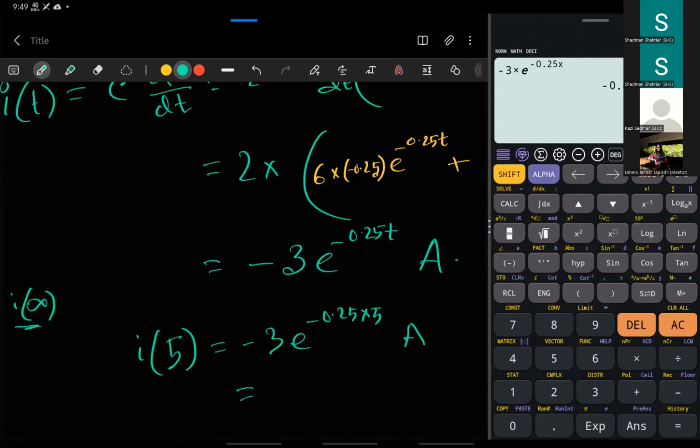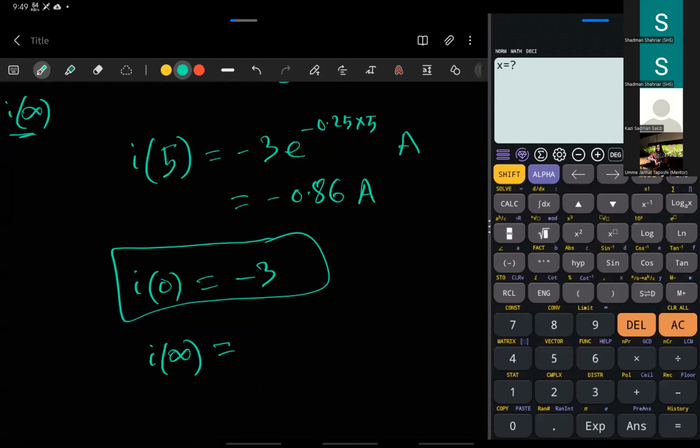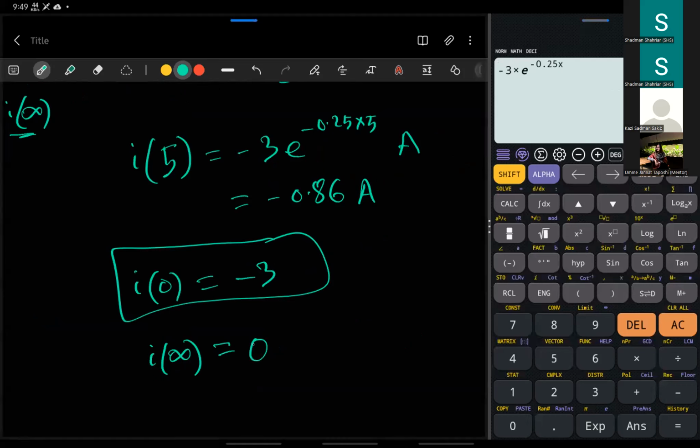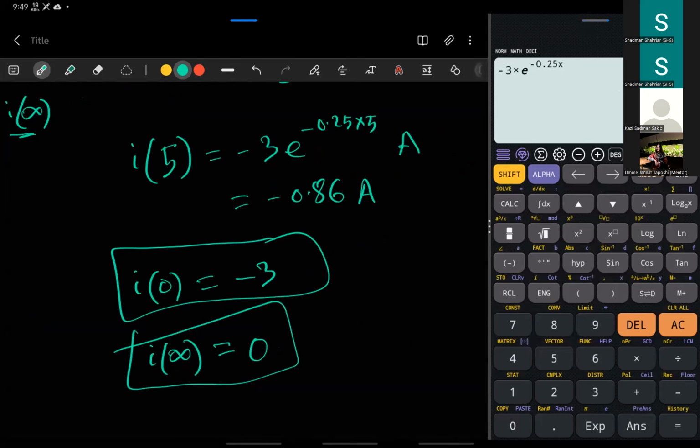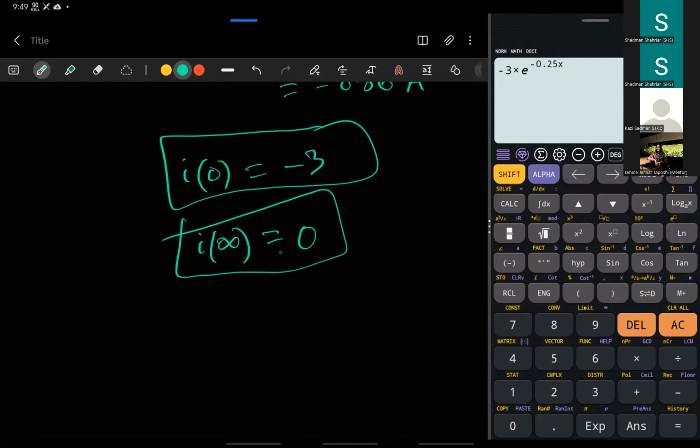So if I try to graph this, the point is basically minus 3 ampere, somewhere like this, and the basically 0 amperes, right? This is basically 0 amperes.